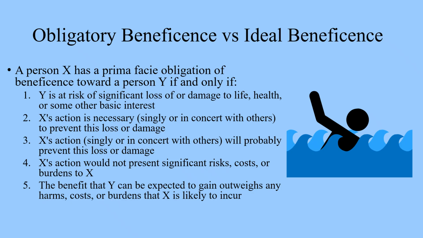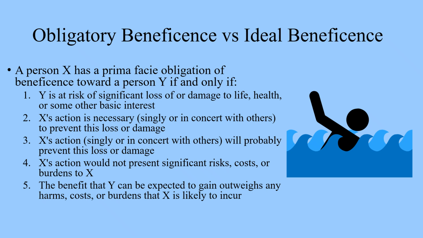X's action, the onlooker, is necessary to prevent this loss or damage. So if you're the only person around, there's nobody else who can do it. So your action as the onlooker would be necessary. Then the onlooker's action will probably prevent this loss or damage. So if you don't know how to swim, it's probably not going to prevent this loss.